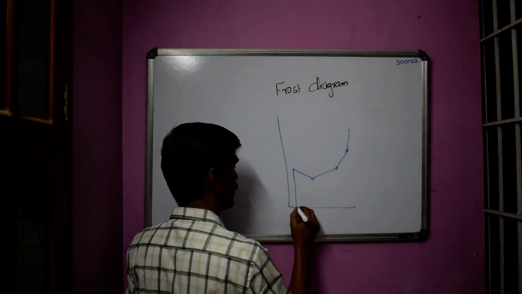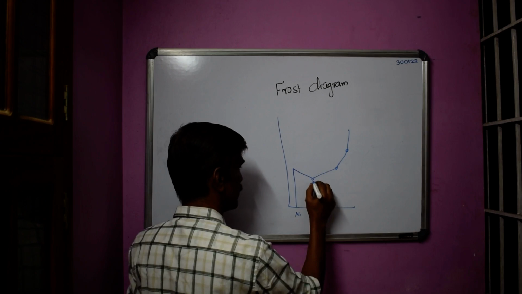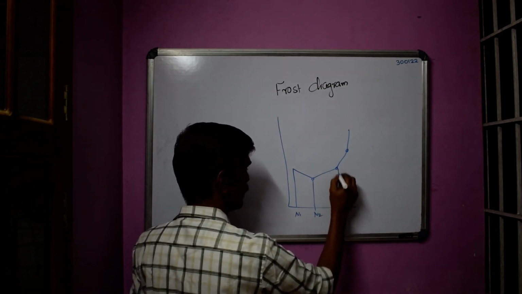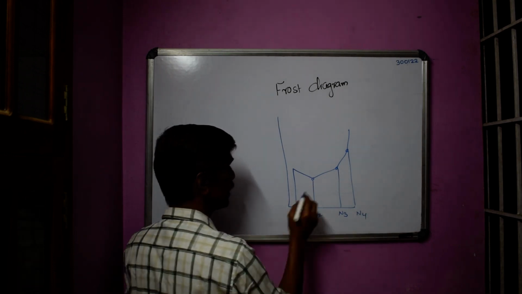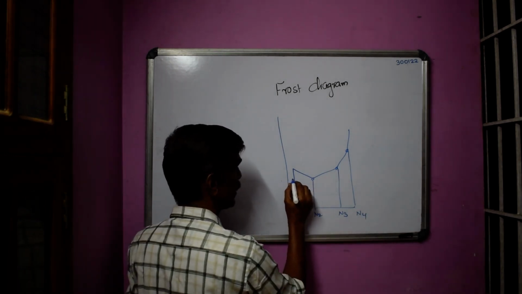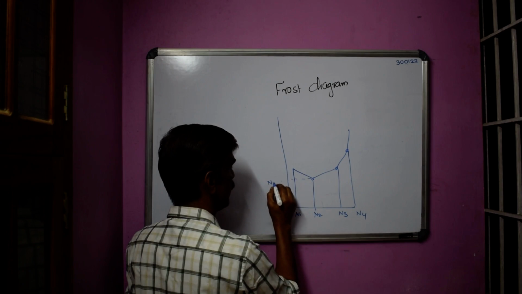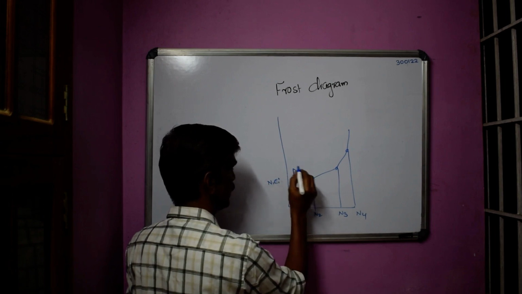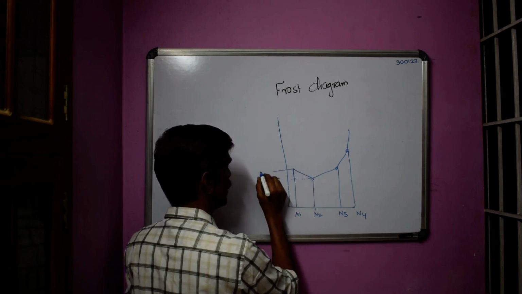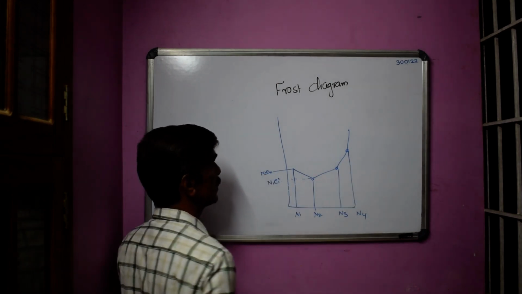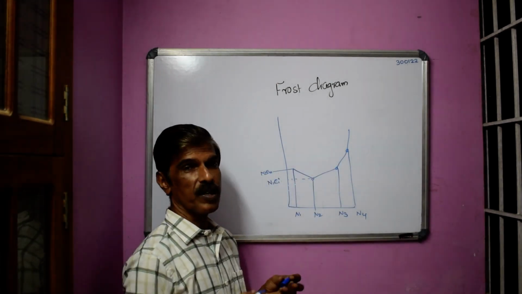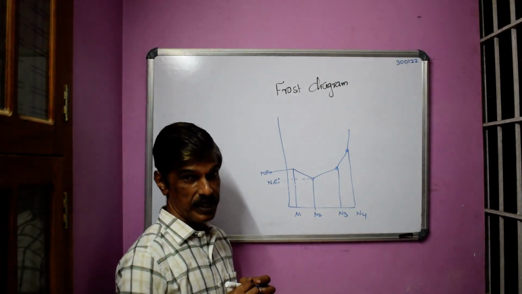For example, this is N1, this is N2, this is N3. These are the different oxidation states, and we have say this is N1 E10, this is N2 E20, this is N3 E30, and this is N4 E40, isn't it?